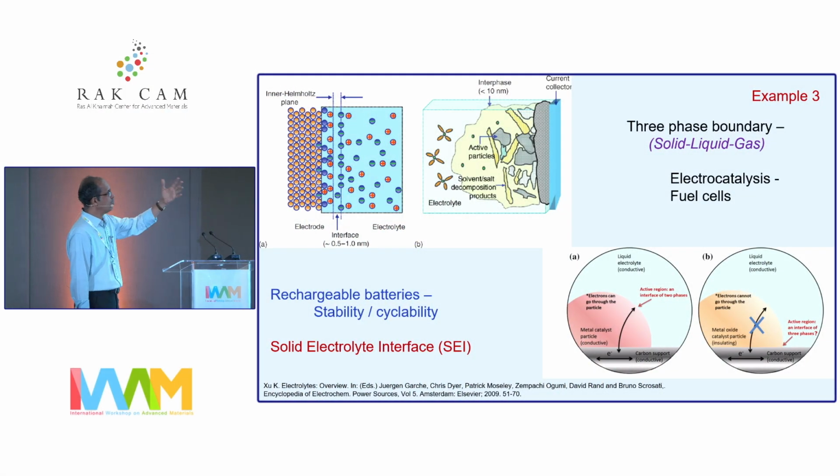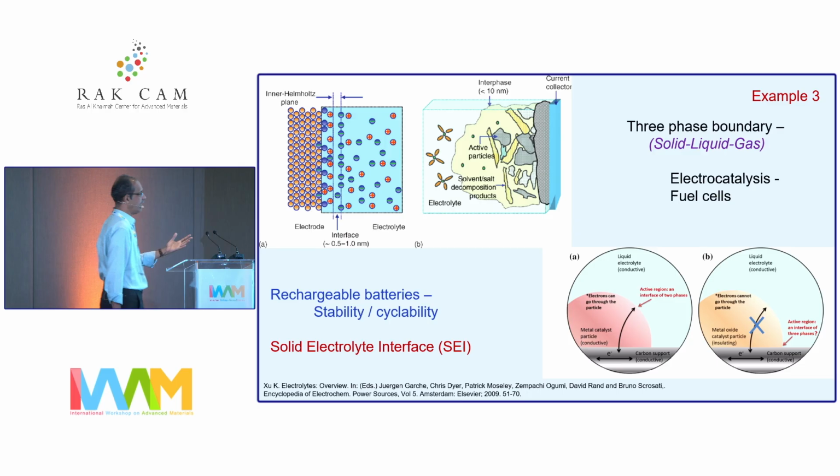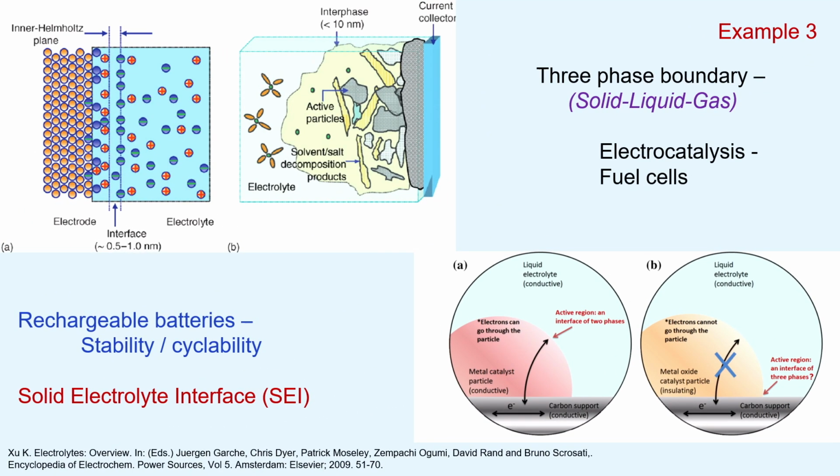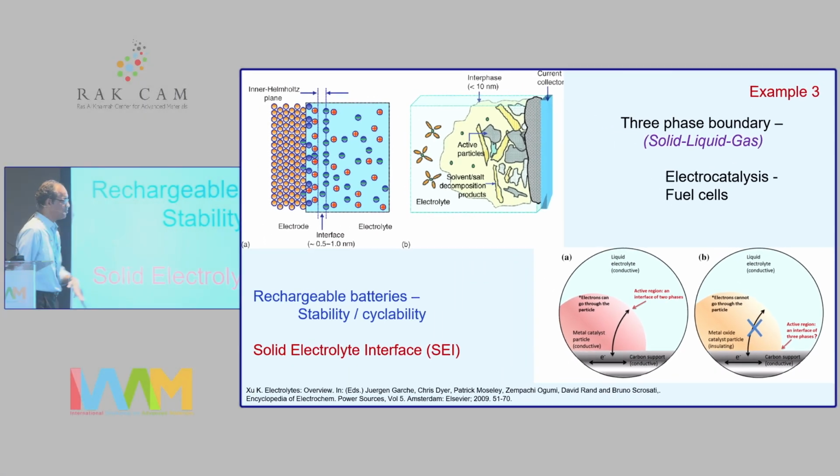In most fuel cells and electrocatalysis, we encounter what we call a solid-liquid-gas interface. Essentially, in a fuel cell, the gas is coming from outside. Then you have a liquid, which is an electrolyte, and also a solid, which is an electrode. So you need to have a three-phase boundary. And the three-phase boundary is the one that makes a huge difference in terms of understanding what happens at the interface. And this is something that goes back to the lithium battery.